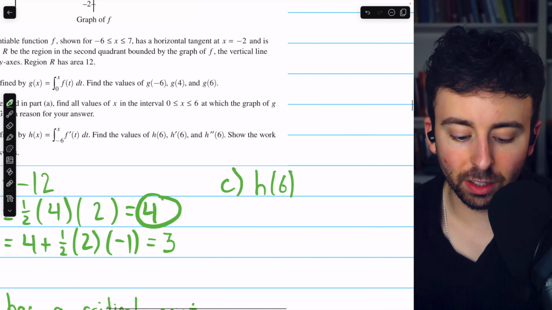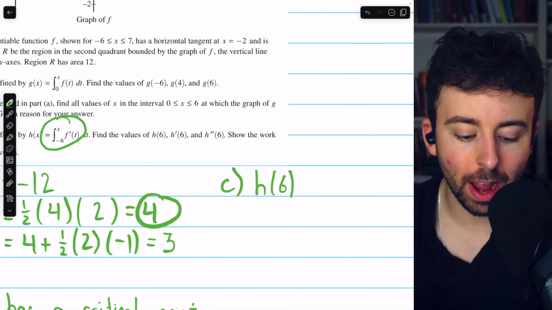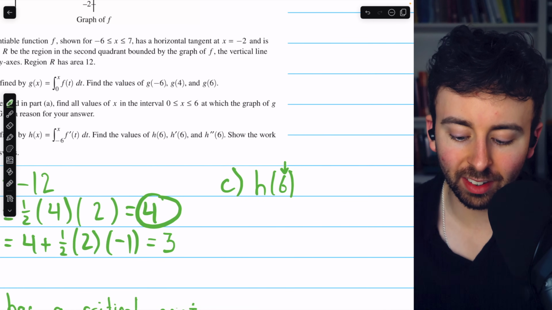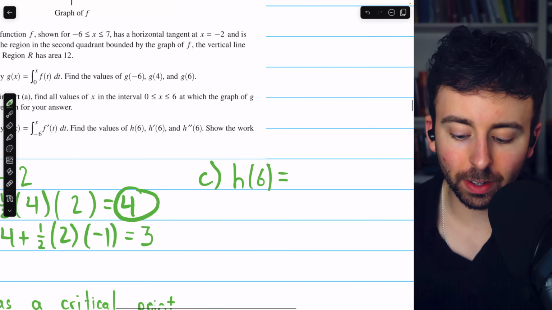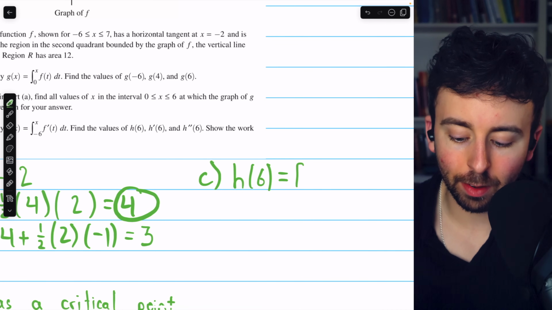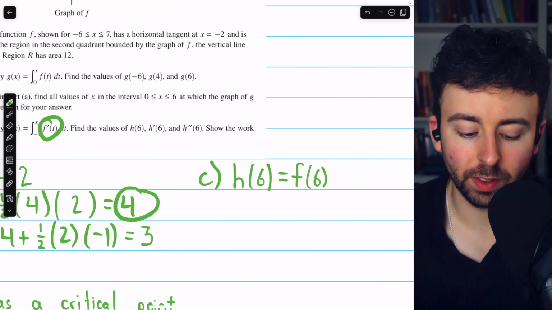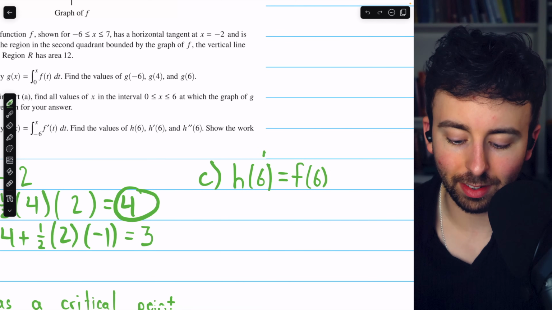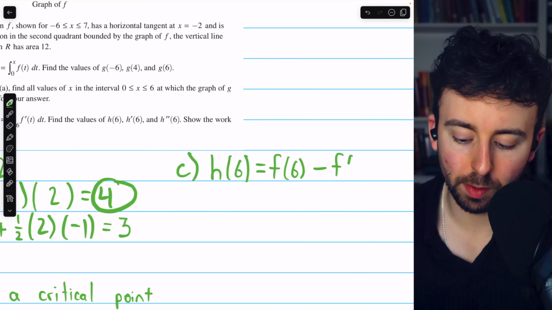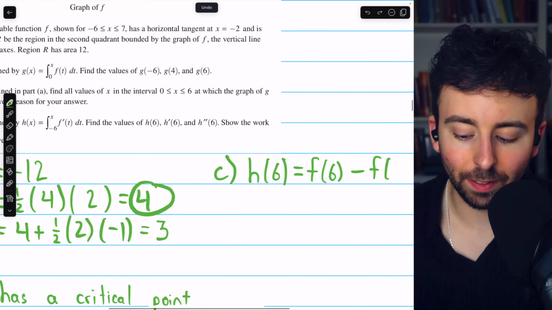h is an integral of f prime from -6 to x. So if x, the input, is 6, by the fundamental theorem of calculus, we can evaluate this integral as f of 6, so that's the antiderivative of the integrand, evaluated at this input, f of 6 minus f of the lower bound, -6, right?